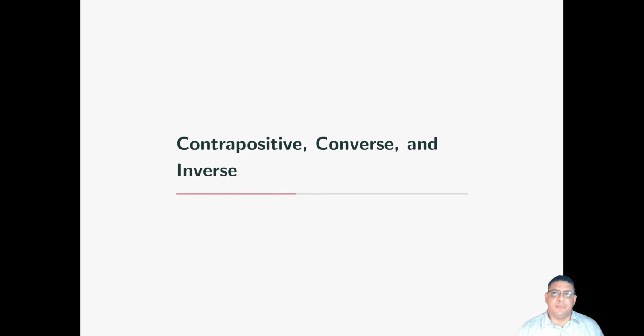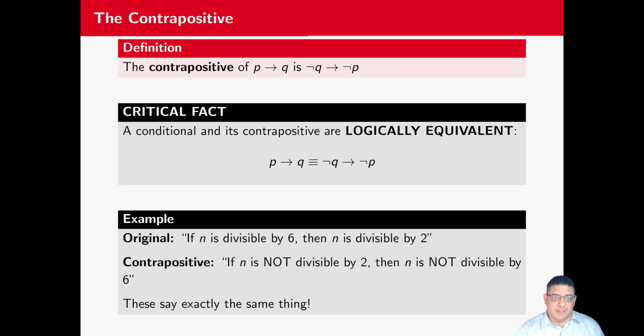Now, there are other ways of seeing implication at work: the contrapositive, converse, and inverse. The contrapositive is an equivalence of P implies Q. So the contrapositive of P implies Q is not Q implies not P. They're both logically equivalent.